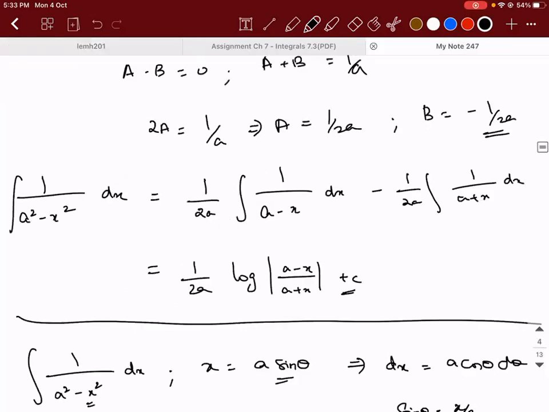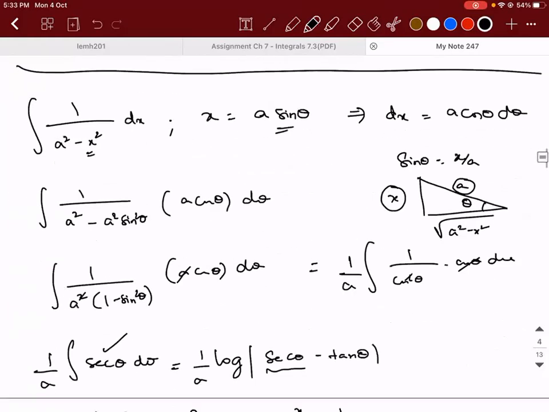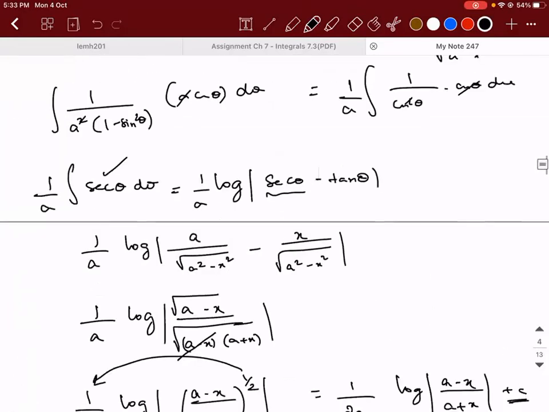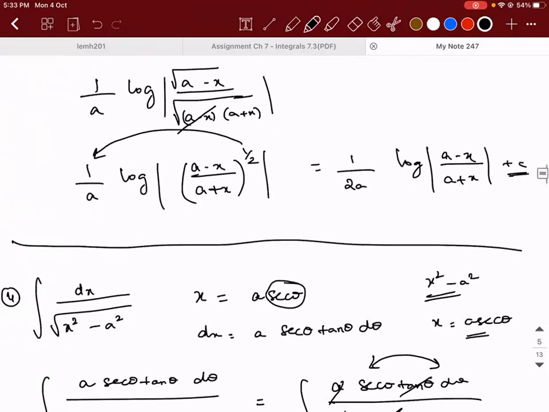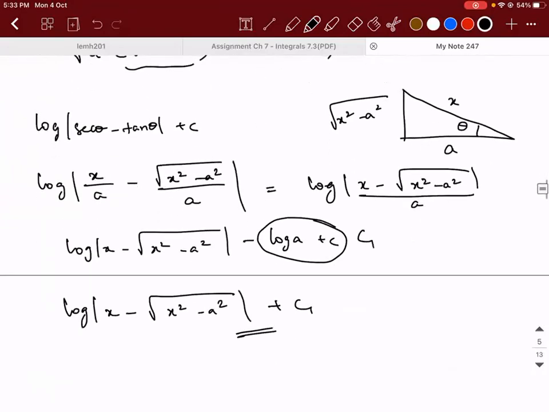So the formula is something like this. Here it is a plus x divided by a minus x. Okay, this is one thing. And here it should be secant theta plus tan theta. Plus and a minus. Okay. Similarly, here also it should be plus. So log of x plus root of x square minus a square.